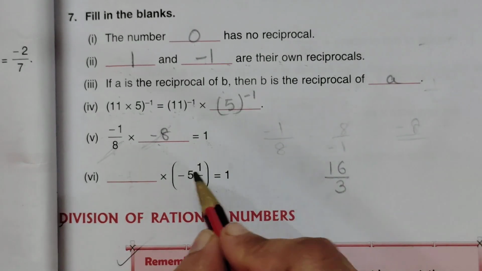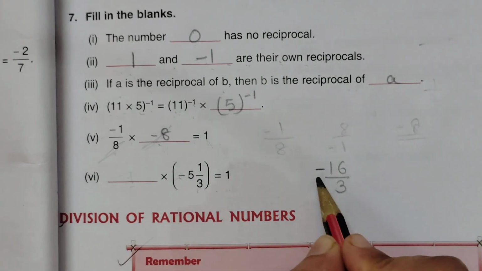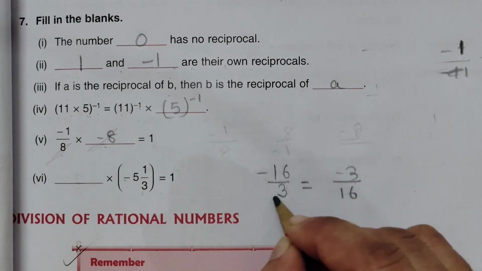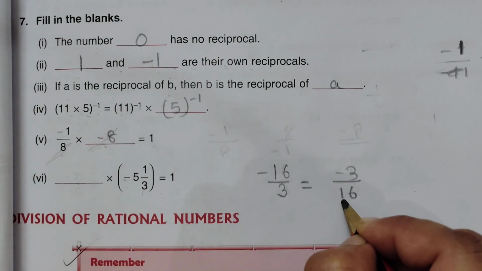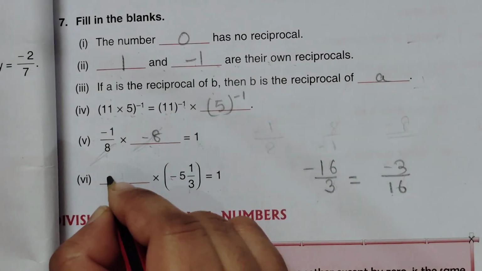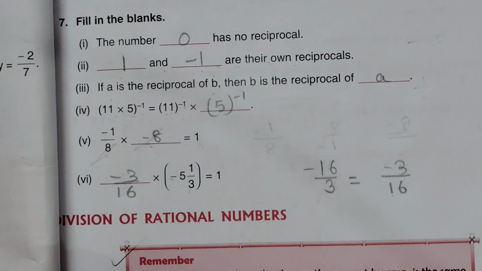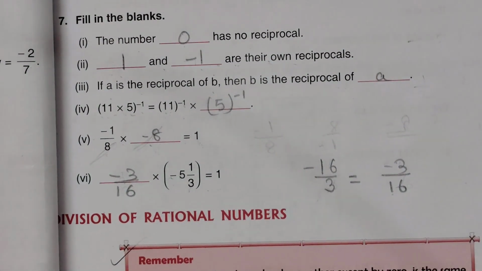And the minus sign goes up, so minus 16 upon 3. So what will be the reciprocal of this? Minus 3 upon 16. So in this way we have completed worksheet 4.